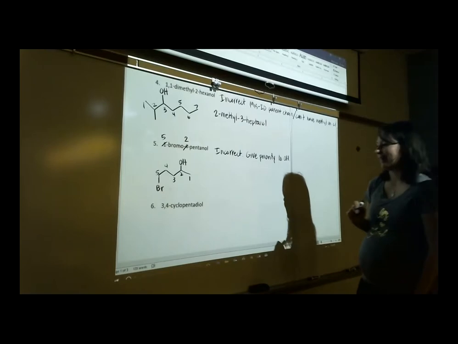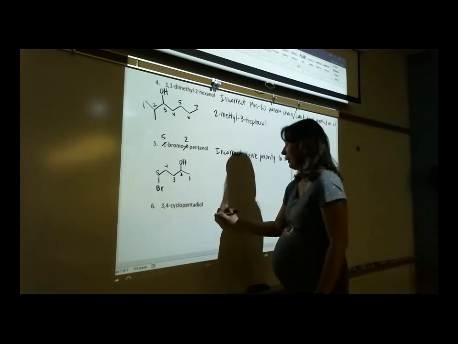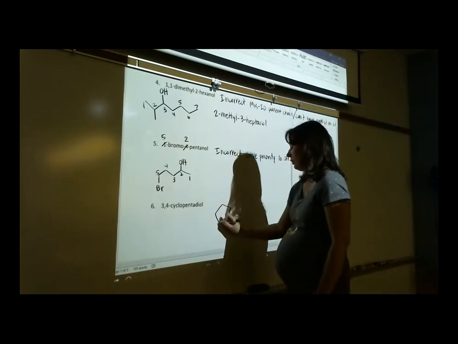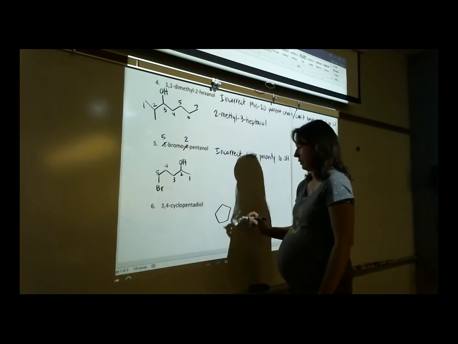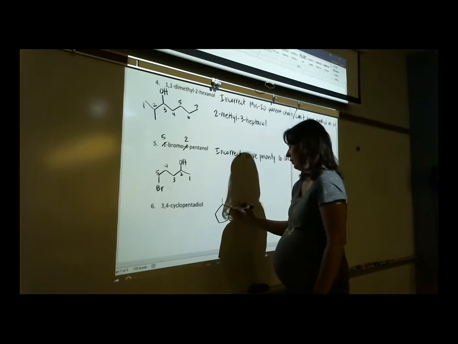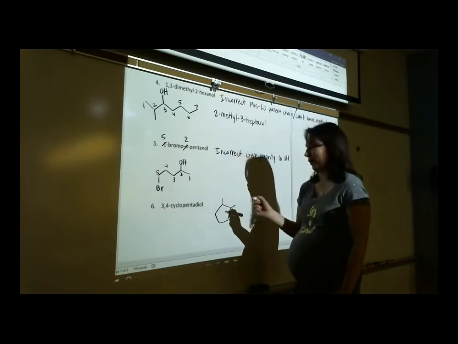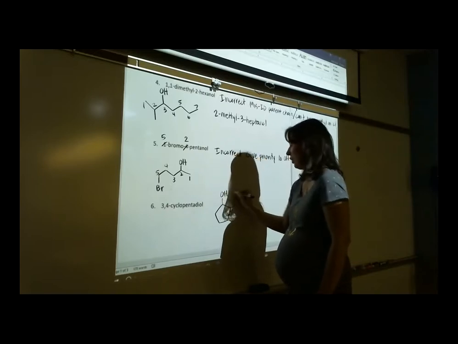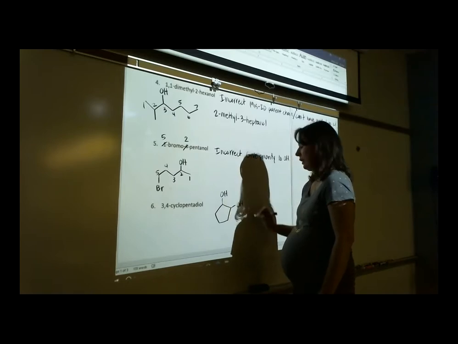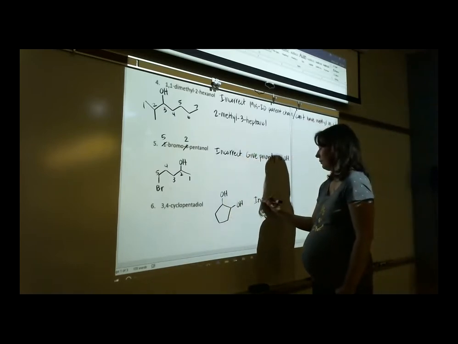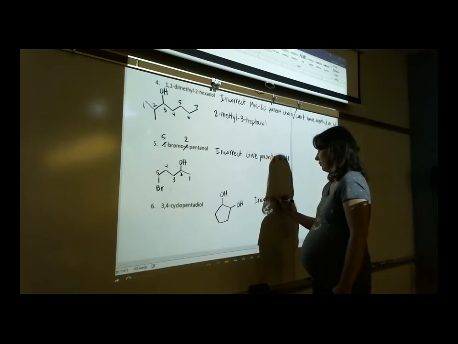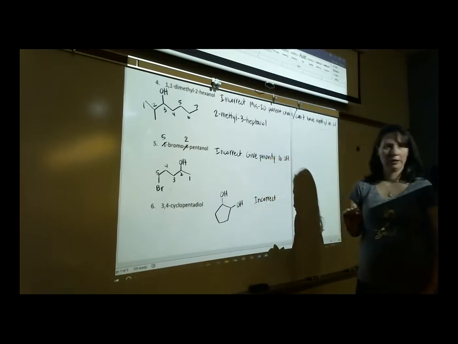Okay, cyclopenta, so that's 5 and it's in a ring. 3, 4, well, that just doesn't make sense, right? Where are you picking carbon number 1 from? I mean, that's just arbitrarily ridiculous, right? This is obviously incorrect. What's the mistake here?